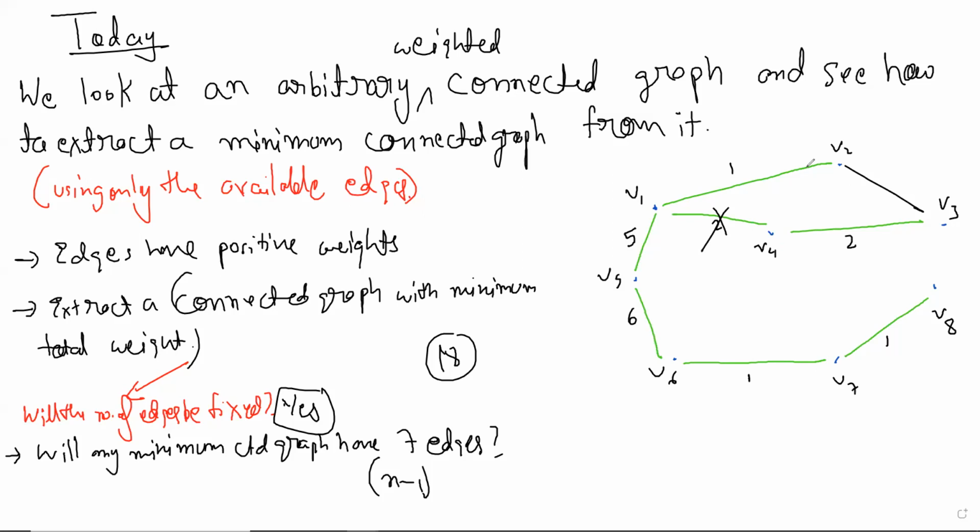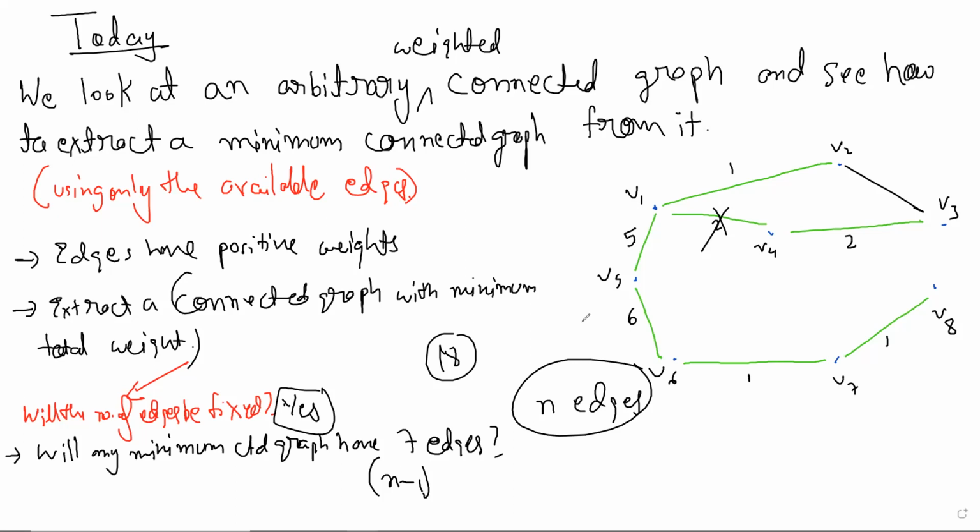Okay. The minimum is obviously fixed, but it will always have n minus 1 edges. You can't do with less than that, which is obvious. Otherwise, it won't even be connected. But suppose you use n edges. Then I'll just remove one of those edges, right?